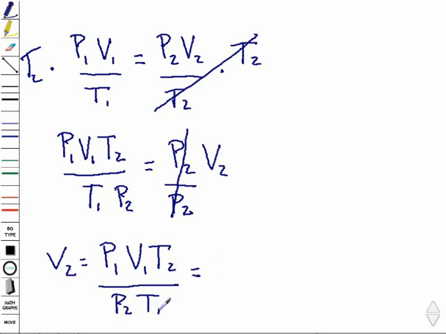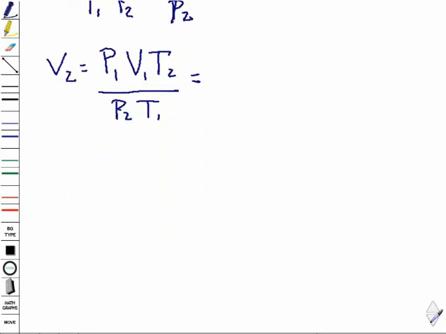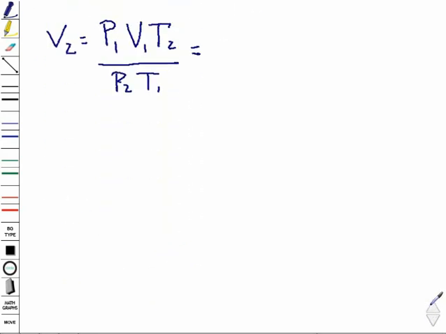All of these values were given to us in the problem as knowns, so we can go ahead and plug those in. Our pressure in the first container was 101.3 kilopascals. Our volume of the first container was 20.0 liters.